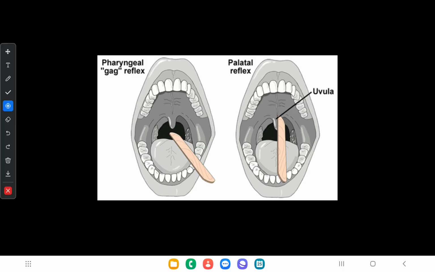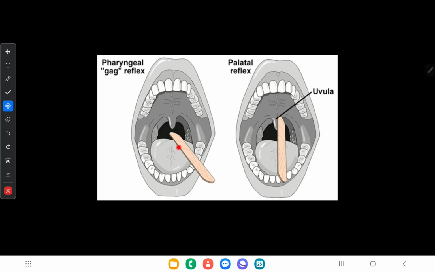This results in elevation of pharynx and elevation of soft palate and retraction of the tongue. The afferent limb of this reflex is the glossopharyngeal nerve, and the efferent limb is the vagus nerve. The gag reflex is lost in lesion of either of the nerves, the glossopharyngeal or the vagus nerve.